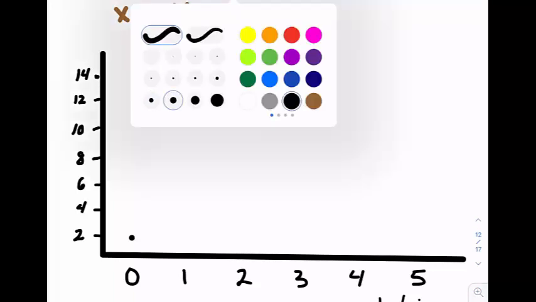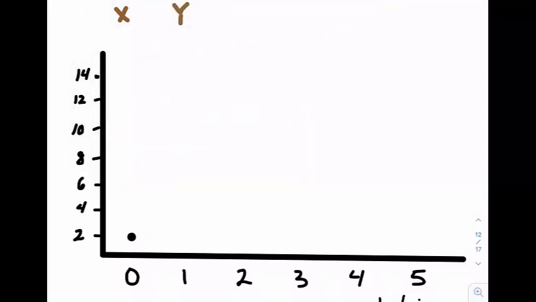Next dot is for 1 occurrence, or sorry, 1 time reminded. That frequency was 5. So 5 reported that they had to be told once. Pretty good. 2 here for 2 times for the frequency of 8. The peak here at 14 for 3. So nice steep incline there.